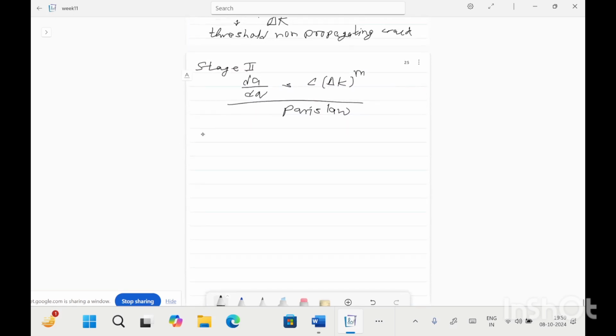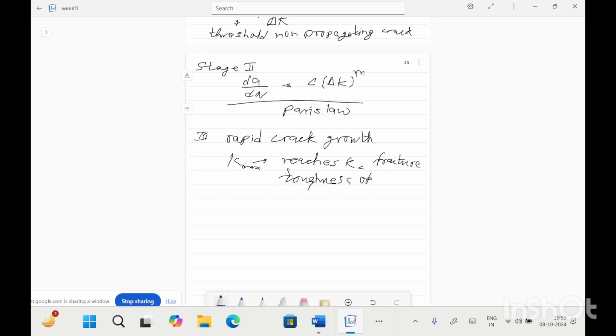And in stage 3, rapid crack growth happens, which means the K max reaches Kc. Kc is the fracture toughness of the material. After reaching this point, the material will rapidly fail.